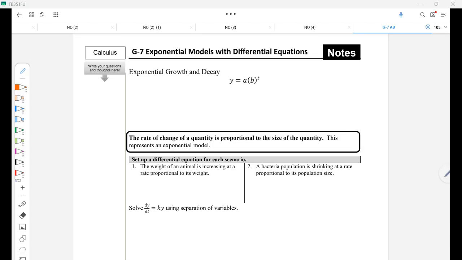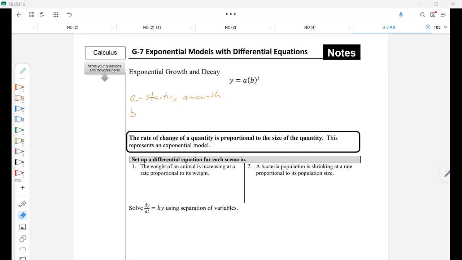So back in pre-calc, when you learned about exponential growth or exponential decay, you had the general equation y equals some quantity a times some other quantity b being raised to a power t. A is your starting amount. If you're talking about money, it would be your principal.